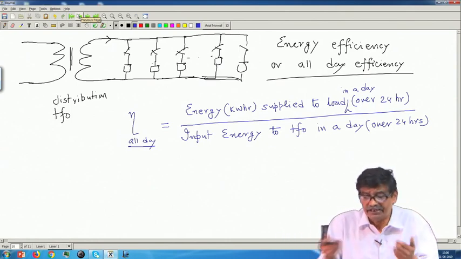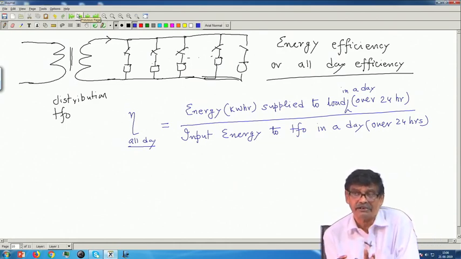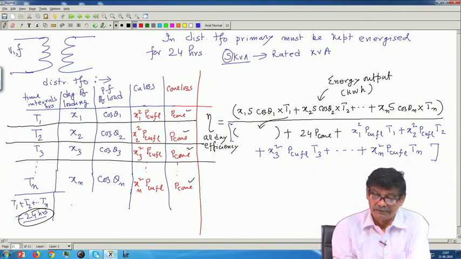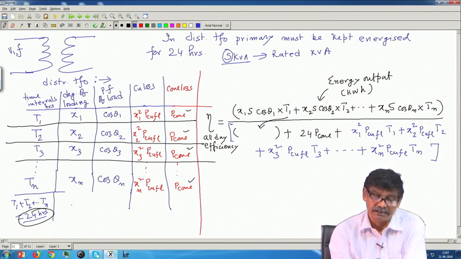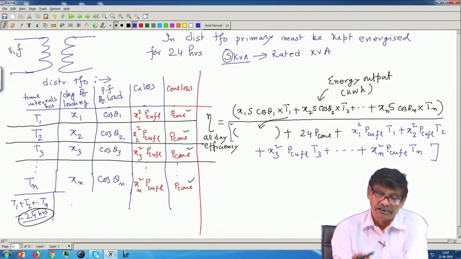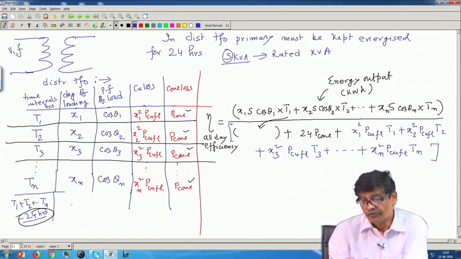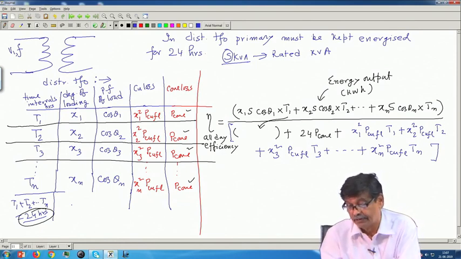And after doing some statistical observations, I have seen that on an average, for the first T1 hours, so much demand of power, degree of loading is x 1, then degree of loading x 2, and the power factor of the expected load at that time will be cos theta 1 for the first T1 hours and so on. And as degree of loading changes, copper loss in terms of rated P CU full load will go on changing, and I know how to calculate that.